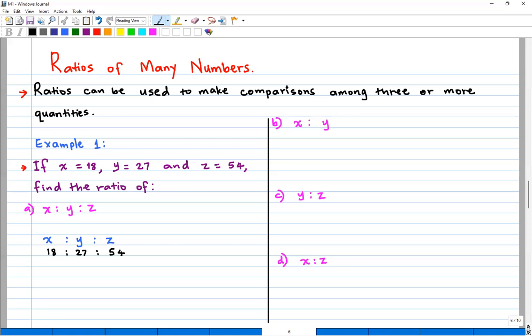I think yes. So if we use 9, we can get 18 divided by 9 to 27 divided by 9 to 54 divided by 9.